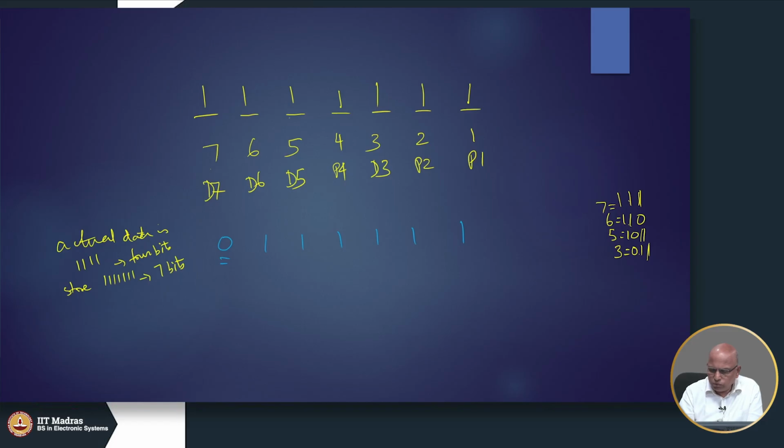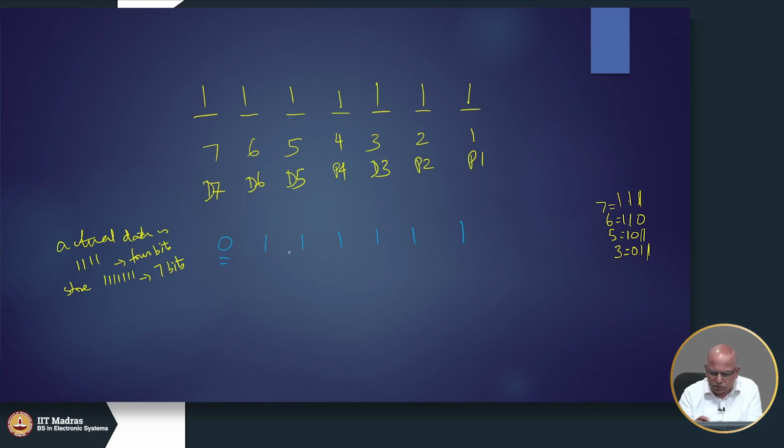So again we compute P4, P2, P1 for the retrieved data. So 7, 6 and 5. No, I am sorry, 7, 6 and 5 is P4.